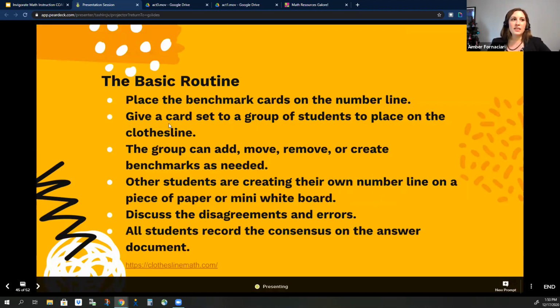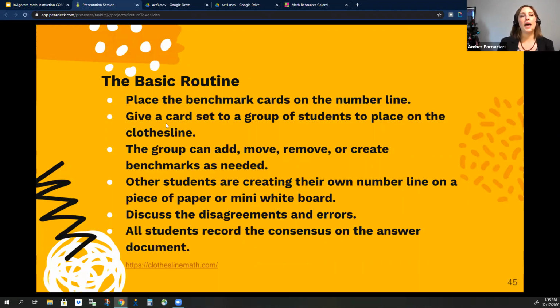But the basic routine is that you place the benchmark cards on the number line. You have this set of cards, and then they add, move, and remove to create the number line. Other students can create their number line on a piece of paper or a mini whiteboard.